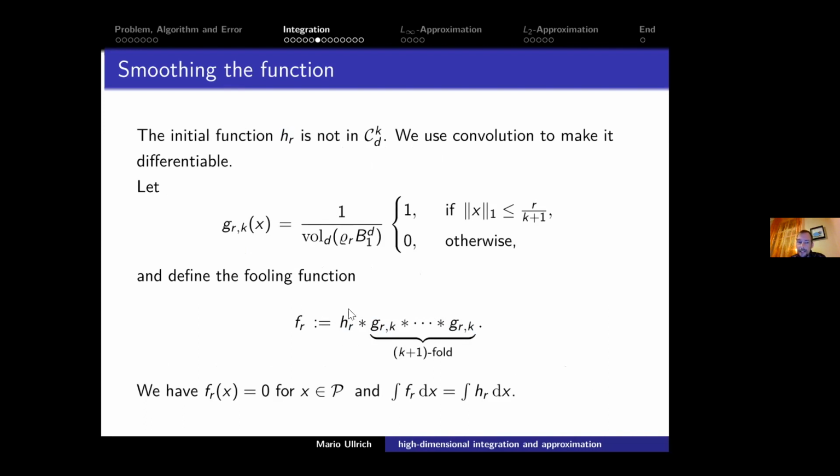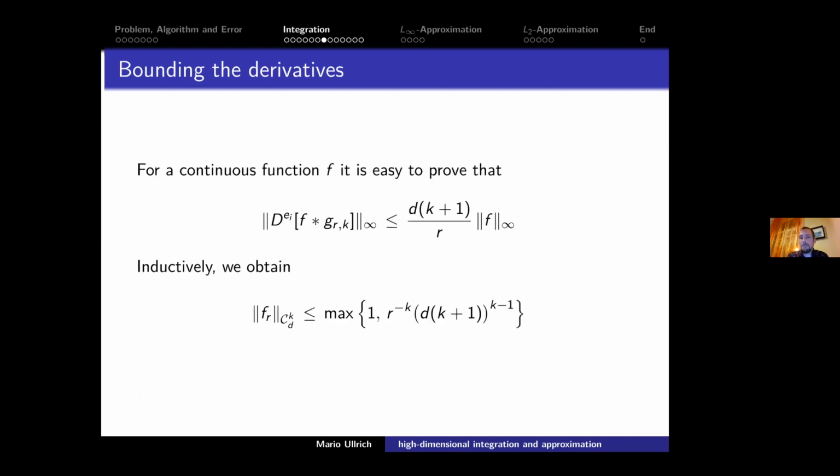So what this then gives is we have a function called fr, r is still an unknown parameter. We have a function fr, which is 0 at every point of our point set, but has the same integral as the original function hr. That's just simple rules of convolution.